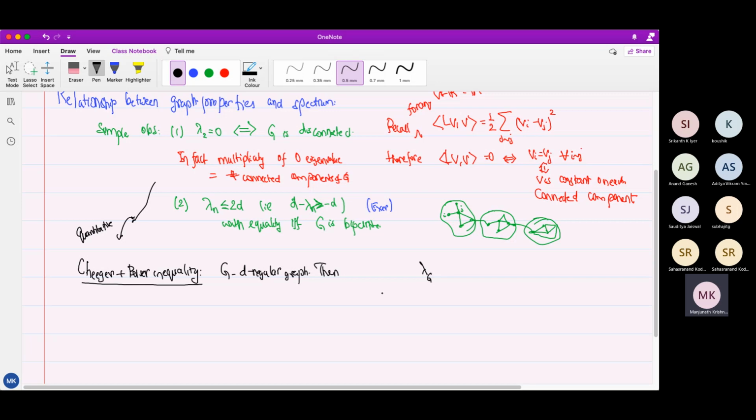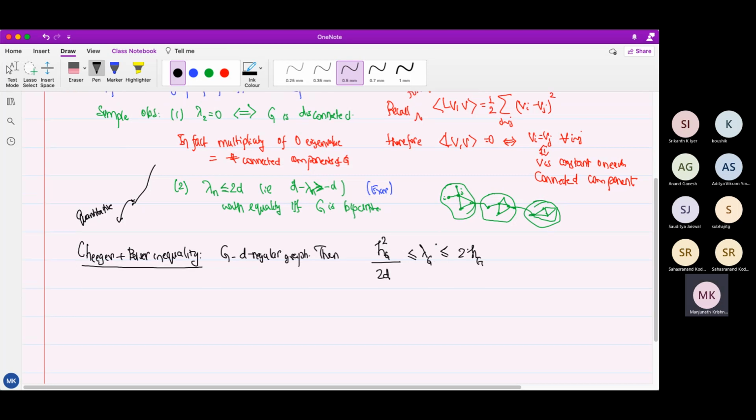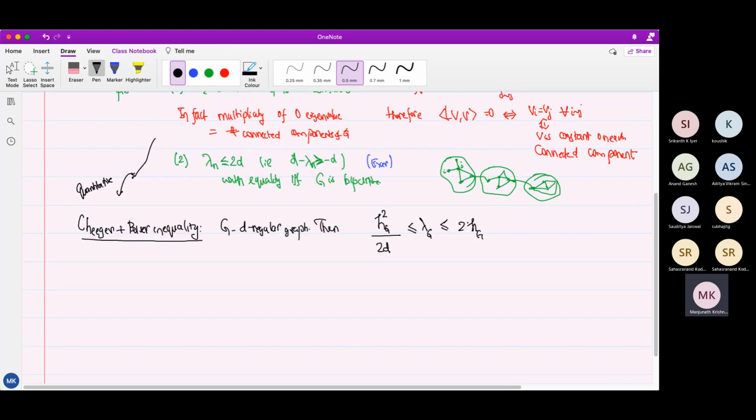Sorry, yeah, so lambda G is related to h in this way. On the one hand, it is at most 2 times the expansion constant. On the lower side, it is bounded by h(G) squared over 2d. So this is one side. This is mainly the Cheeger inequality.